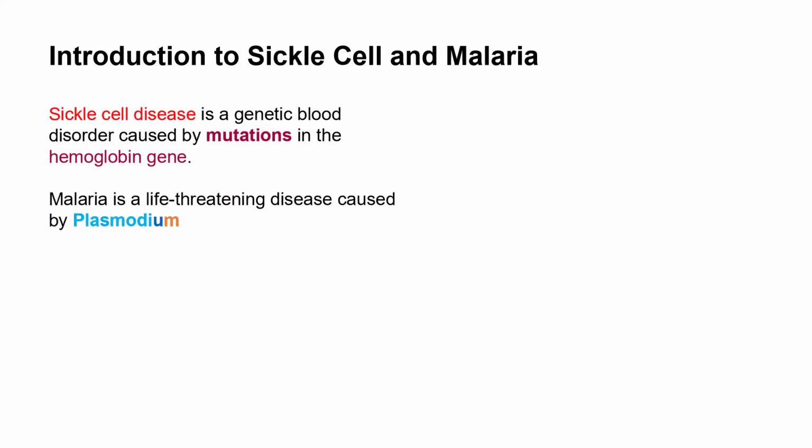And malaria is a life-threatening disease caused by Plasmodium parasite transmitted through Anopheles mosquitoes. Malaria is one of the life-threatening diseases mostly found in Africa, and Nigeria was considered to have the highest malaria cases with about 25%.